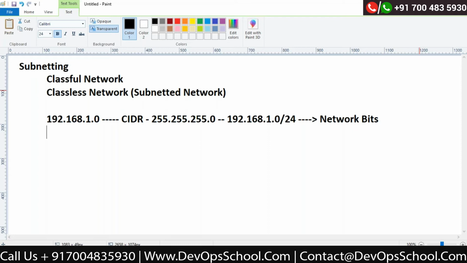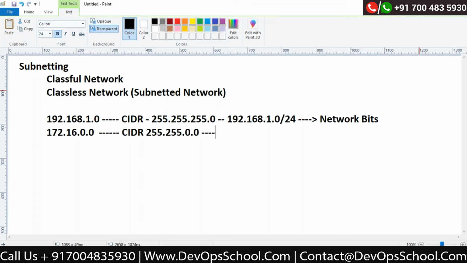If I go to the IP address 172.16.0.0, what is my default subnet mask? This is also a complete classful network because I'm using the complete IP address range. By default the subnet mask would be 255.255.0.0.